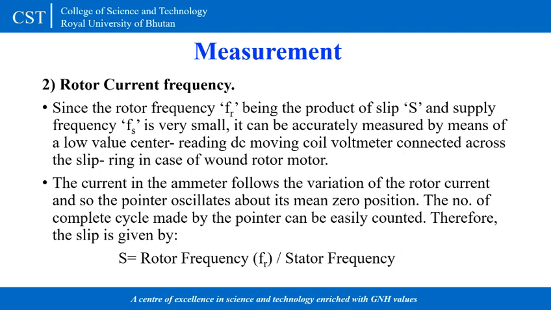So when the range is very low, the current flowing in the galvanometer will be very high, and because of this we won't be able to count the deflection in the galvanometer. That's why we are using external resistance. With high external resistance, we will be able to limit the flow of current in the galvanometer, thereby decreasing the speed of deflection in the galvanometer.